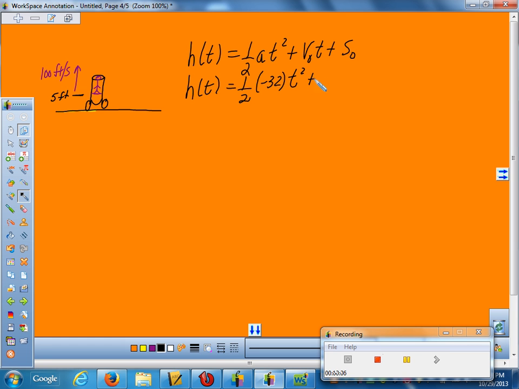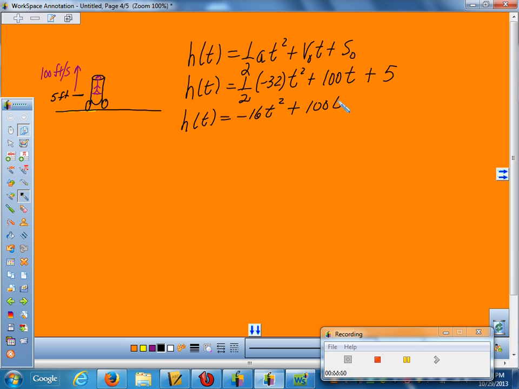How fast is it moving when you shoot it, or in this case, shoot him? 100 feet per second, so 100 times t. And your initial position? How high off the ground is it when you shoot him? 5 feet. Then we are going to clean that up. I'm going to take half times 32 and get negative 16.